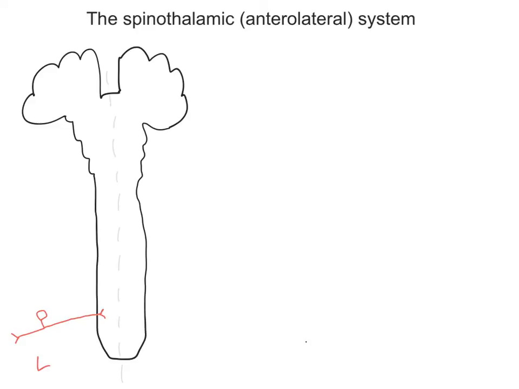Now we're considering the spinothalamic system, and in the spinothalamic system, the first order neuron synapses on the second order neuron at approximately the same level at which it enters. Okay, so here our first order neuron has entered the cord and it's synapsed immediately on a second order neuron, and we know that the second order neuron decussates.